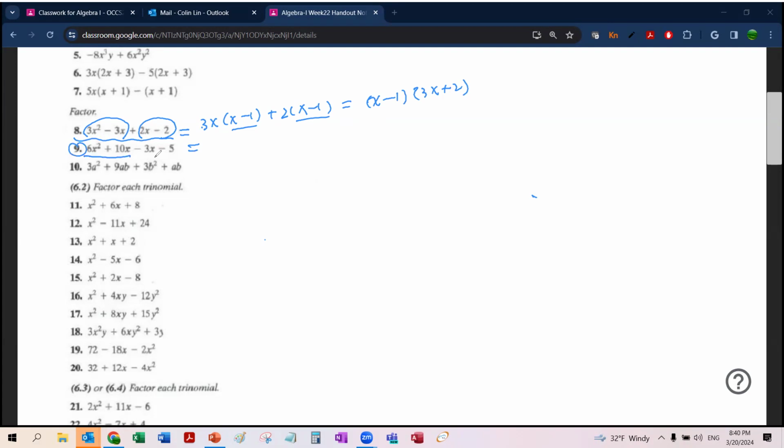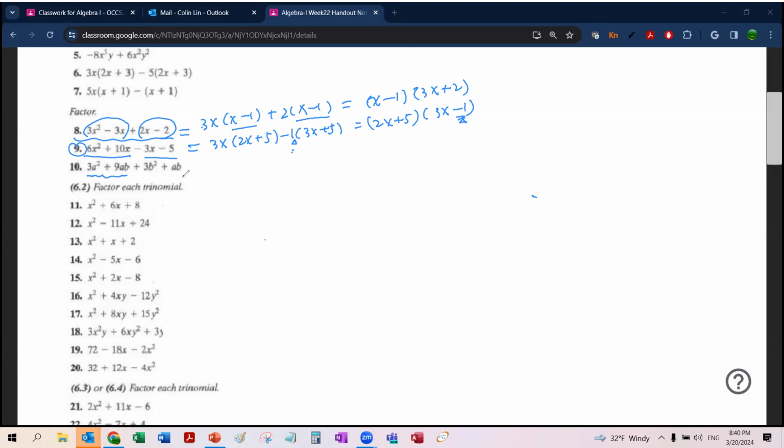For the first group, you can take 3x, 2x plus 5. The second one, just take a negative out, 3x plus 5. So you get 2x plus 5 as the common group, and 3x minus 1. Careful, there is a 1 here. We just didn't write it out, but we still have it here.